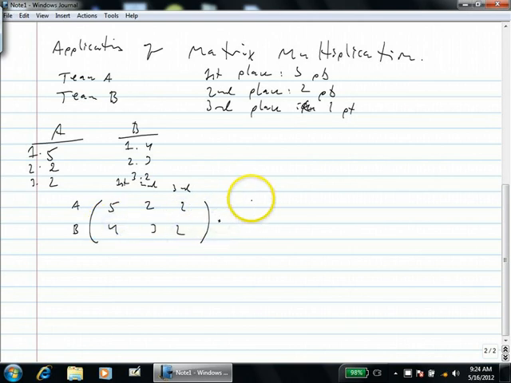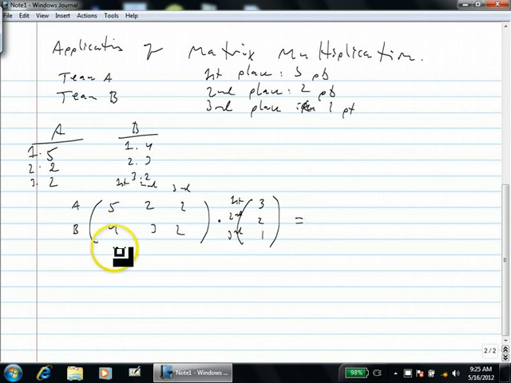If I were to multiply that matrix by the 3 by 1 matrix, 3 rows by 1 column, 3, 2, 1, this 3 stands for first place points, second place points, third place points.